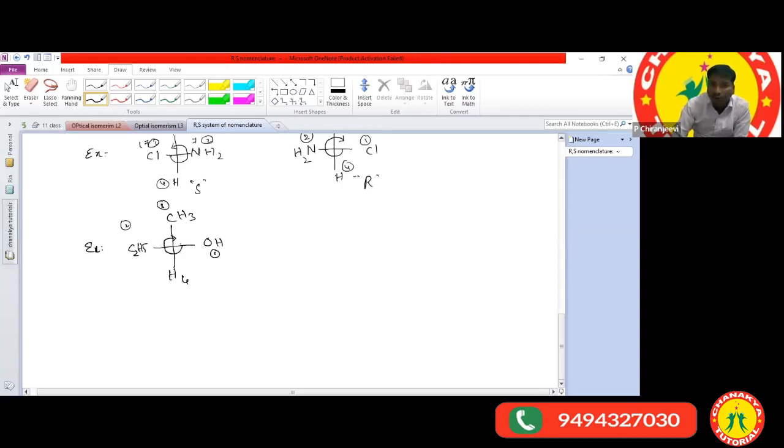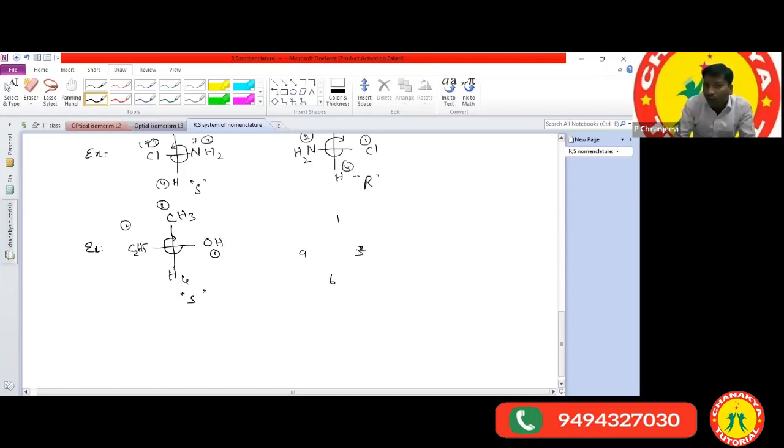If it is anti-clockwise direction, is it R isomer or S isomer? S isomer. Aditi, where are you getting confusion? Aditi, you have to add the priority order in a series manner. Let us see how numbers are there on a clock: 1, 3, 6, 9 only.